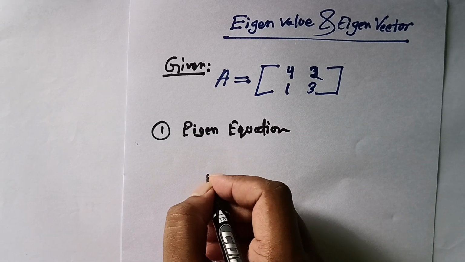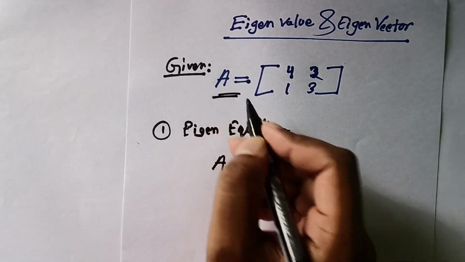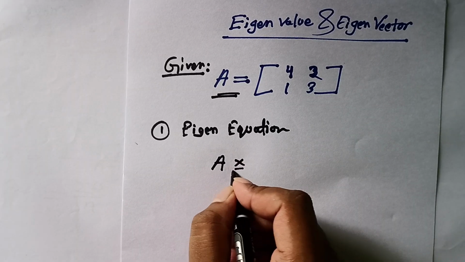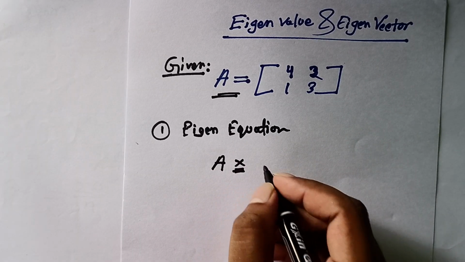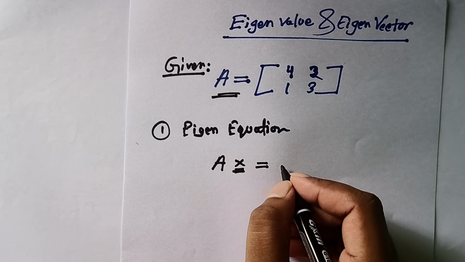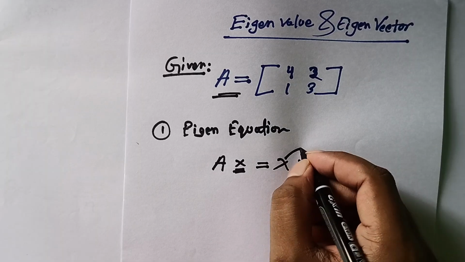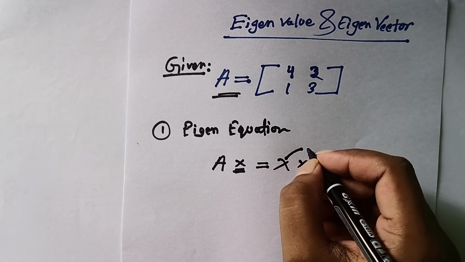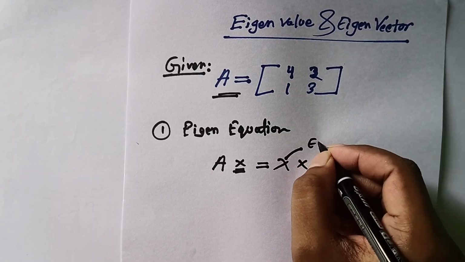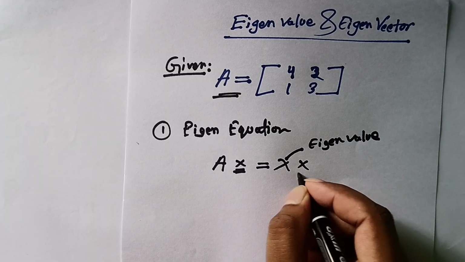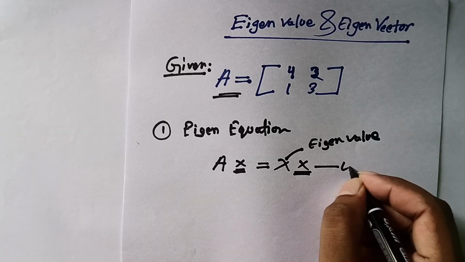Suppose a matrix called A will definitely have an eigenvector x if it satisfies Ax = lambda x, where this lambda is the eigenvalue, and already mentioned that x is the eigenvector.